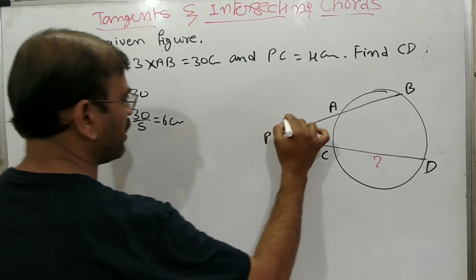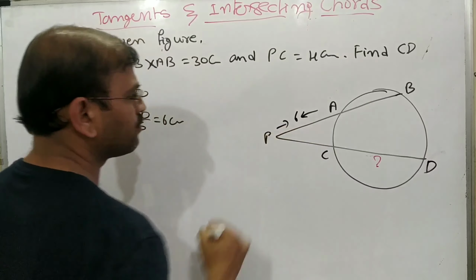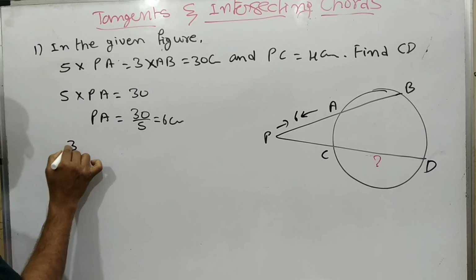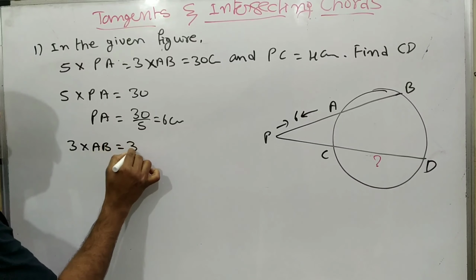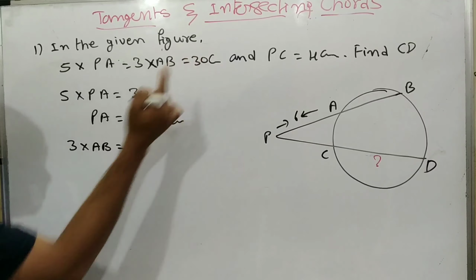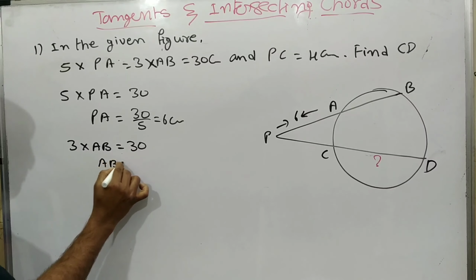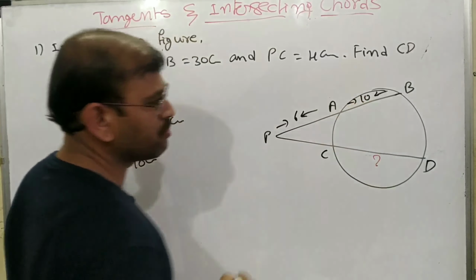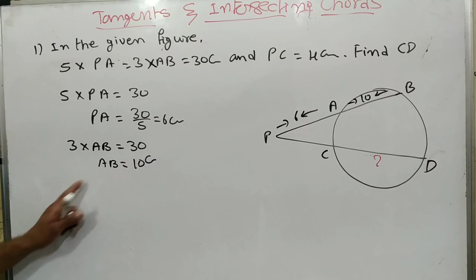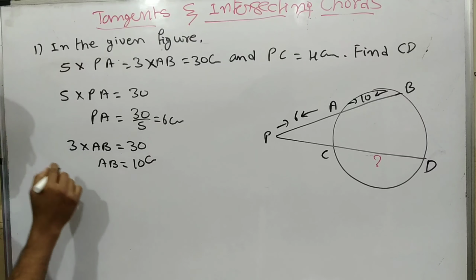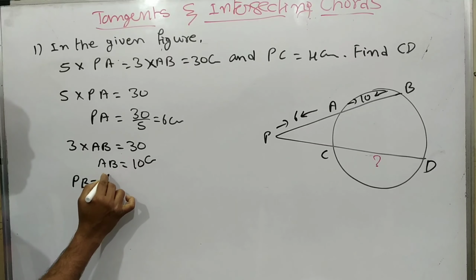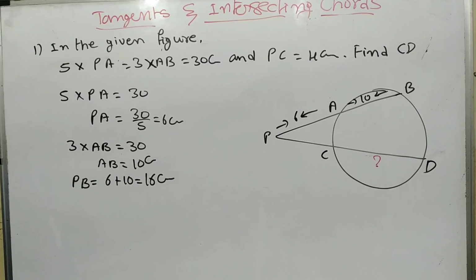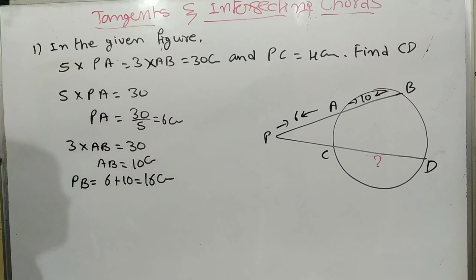Now the next one: 3 multiplied by AB equals 30 centimeters, so AB equals 10 centimeters. Can you tell me the length of PB? PB equals 6 plus 10, which is 16 centimeters.